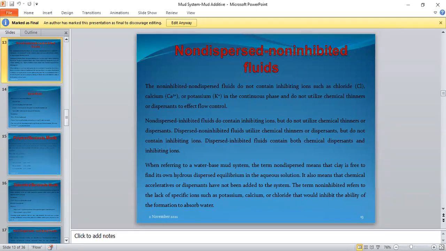It is not dispersed. The clay can do anyhow it likes. It can continue as it goes. The term non-inhibited refers to the lack of specific ions, such as potassium, calcium, and chloride that will inhibit the ability of the formation to absorb water, just like I've explained.